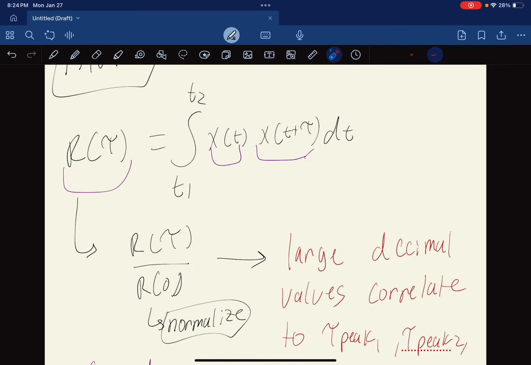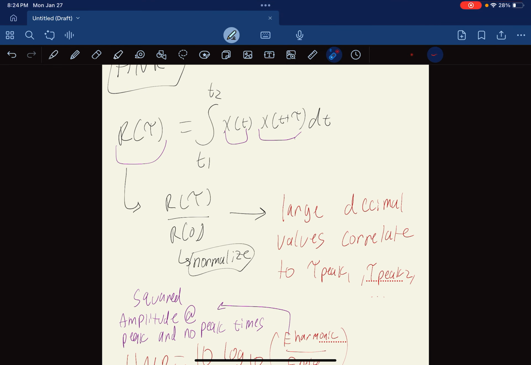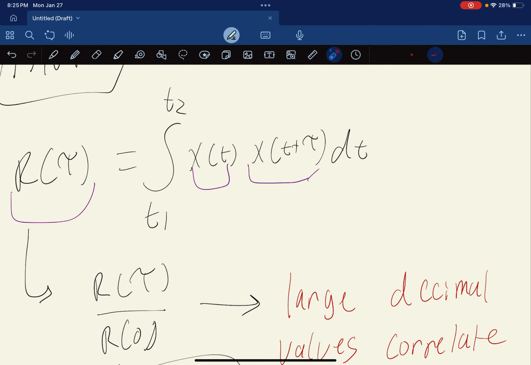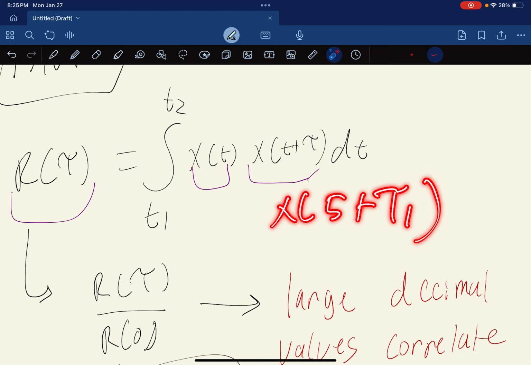What we're going to do is take those peak and non-peak tau values and time shift the functions at the times we are looking for. Let's say you want to evaluate HNR at a particular time, say 5 seconds. You evaluate the squared amplitude of that time-shifted signal, so x of 5 plus whatever tau it is.